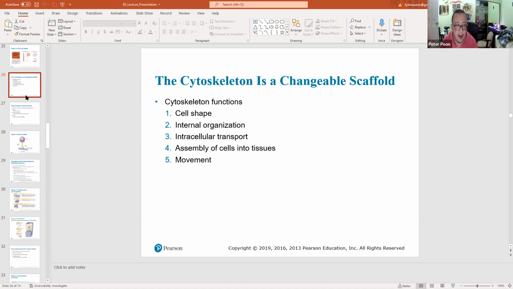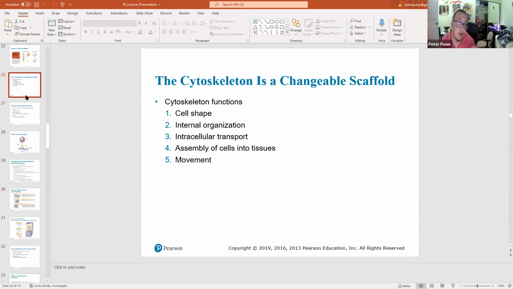The internal environment changes constantly, and therefore the cytoskeleton is not solid in any way. It's like a scaffold that dynamically rearranges itself every time you need to do something.